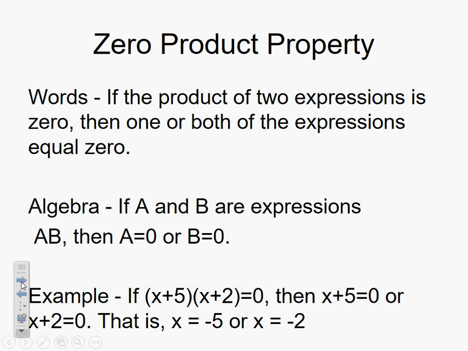And our last one, just an example. If I have the expression x plus 5 times the expression x plus 2 equals 0, then either x plus 5 has to equal 0 or x plus 2 has to equal 0. That is, x is going to equal negative 5 or x is going to equal negative 2.